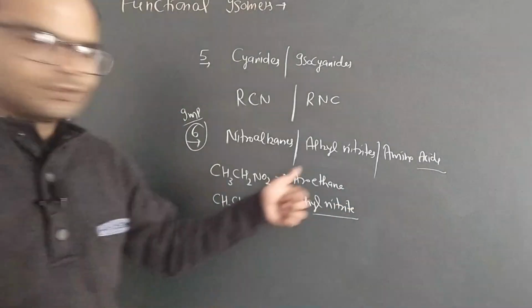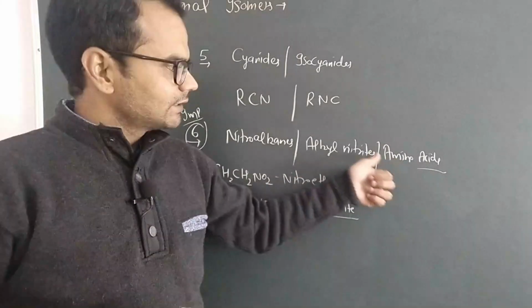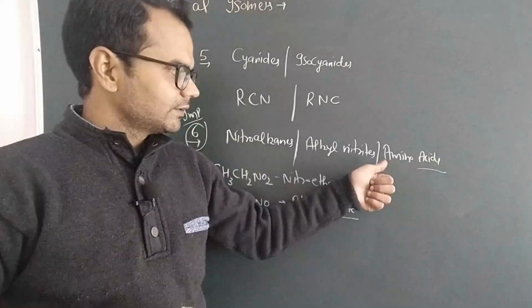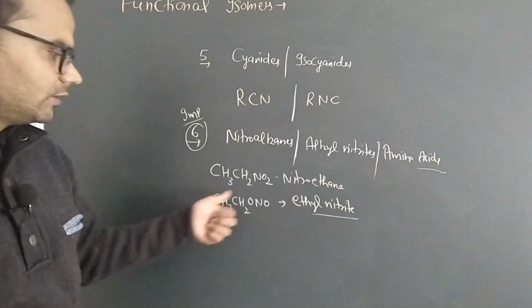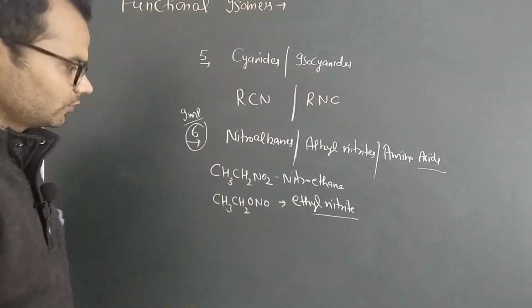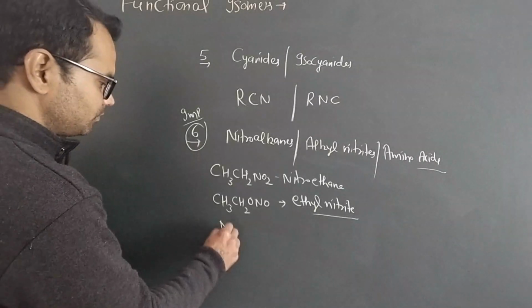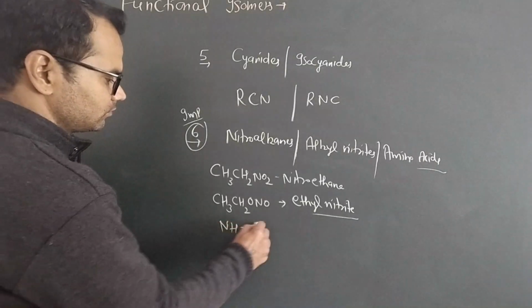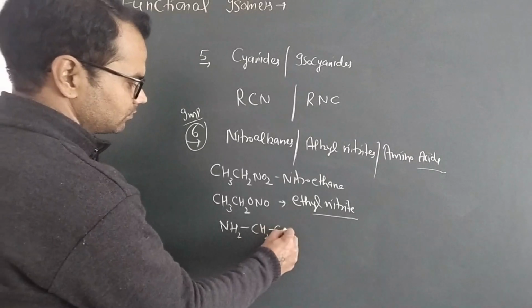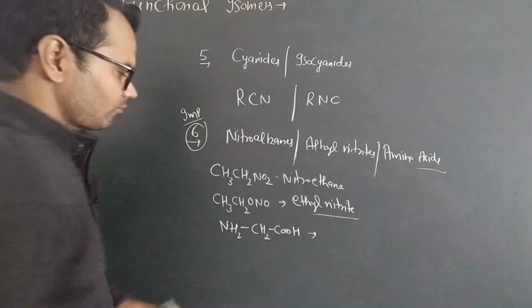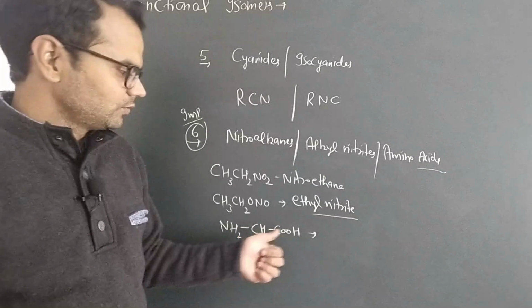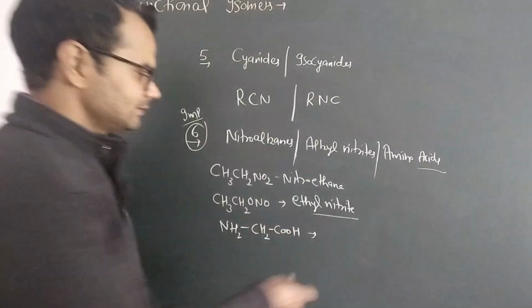And if we take amino acids containing one carboxylic acid group and other amine group, and we have to show only 2 carbons, the formula will be NH2CH2COOH. This is amino acid.